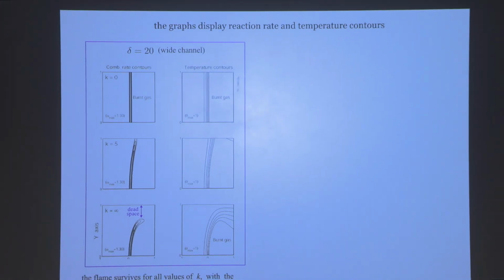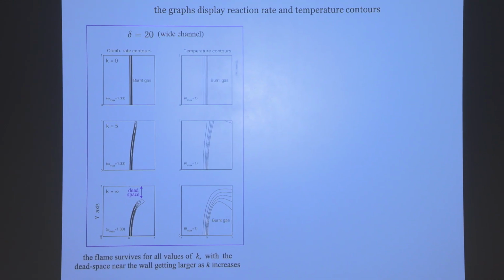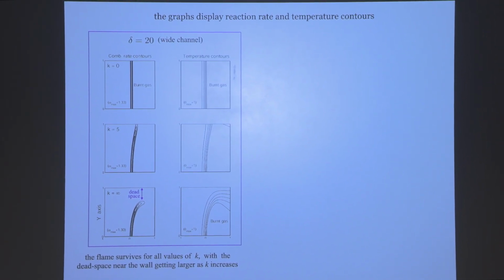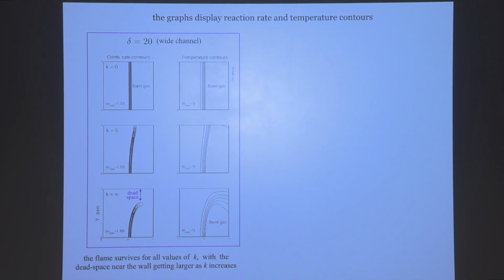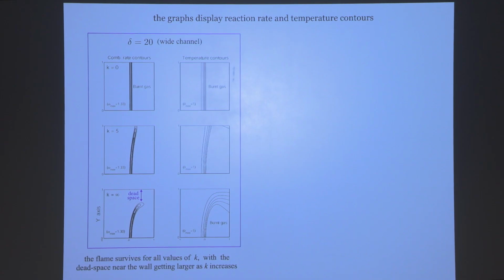So here are some of the results that you see for delta equal to 20, which I refer to as a relatively wide channel, for reasons that you will see in a minute. K equal to 0, remember, is an adiabatic condition, so you expect the flame to be flat. The flame is flat. What you see here are reaction rate contours.